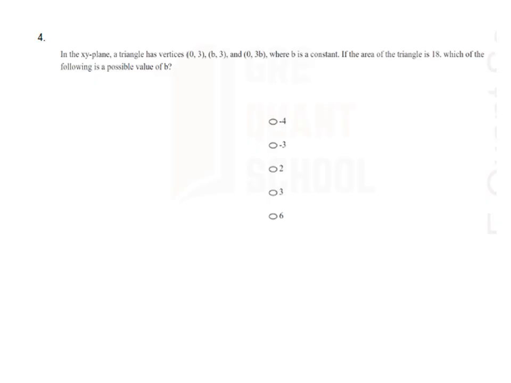So here the base is along x and the height is along y. So here the base will be b, that is between (0, 3) and (b, 3). We will get the base is b and the height will be 3b minus 3, right? Because we have y1 equal to 3 and y2 equal to 3b, so the height will be 3b minus 3 and the base is b.